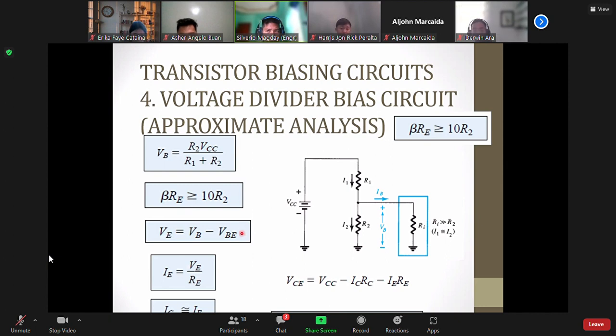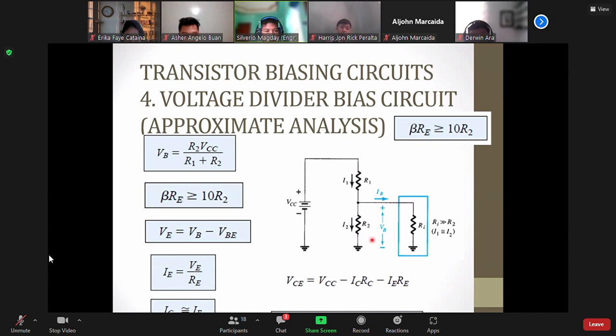Now we have the approximate analysis for a voltage divider bias circuit. We can take your VB as the VTH as well: R2 times VCC over the sum of the two resistors. And it should be that your beta RE is much greater than or equal to 10 times resistor 2.